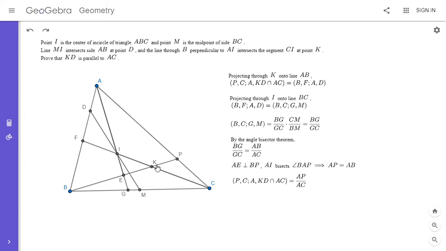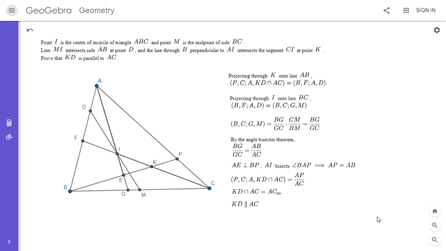Clearly KD doesn't intersect PC at its midpoint, so the only other choice is that KD intersects AC at the point at infinity. And if KD intersects AC at the point at infinity, then KD is parallel to AC, and that solves the problem. Here I just used the really powerful tool of projective geometry.